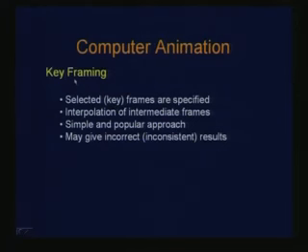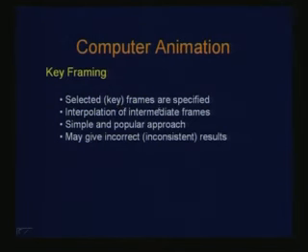Now, keyframing, as we were talking about, what do we mean by keyframe? The notion of keyframe is very similar to what was seen in conventional animation. Okay. So, we have selected keyframes which are specified, and then we use some interpolation to compute the intermediate frames, right. And this approach, though simple, is very popular and still in use.